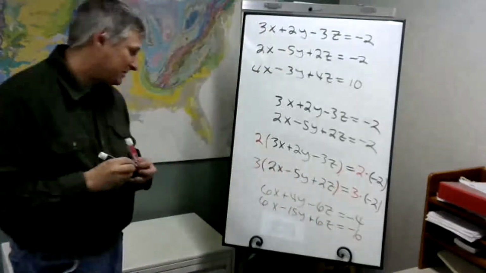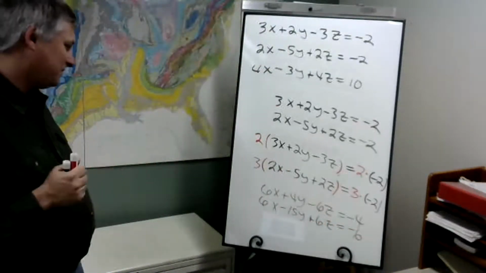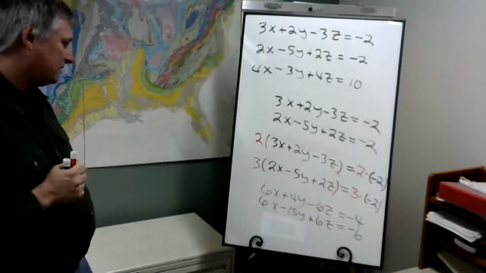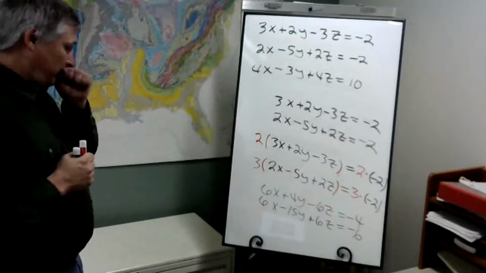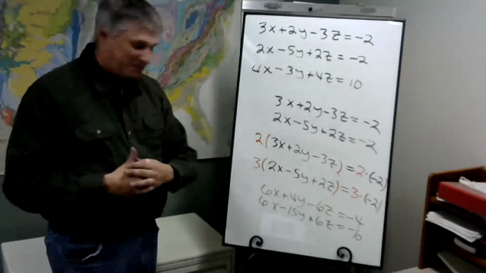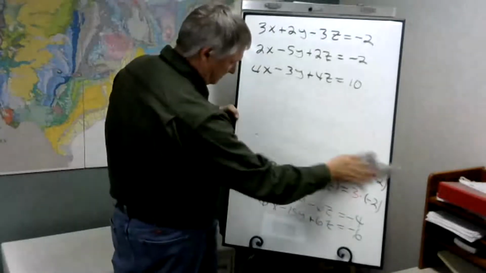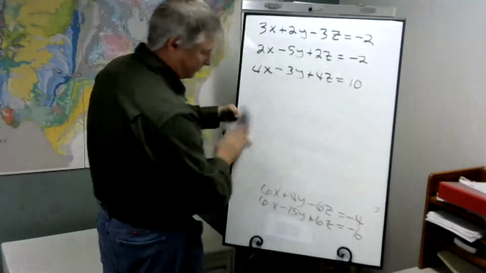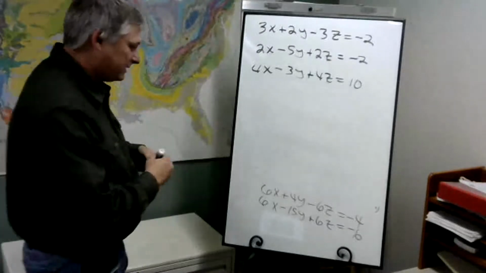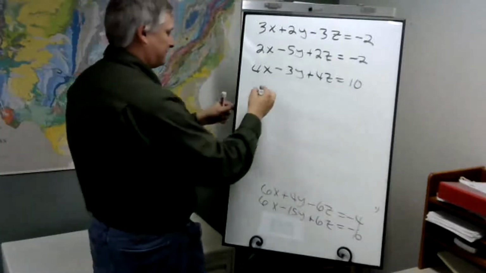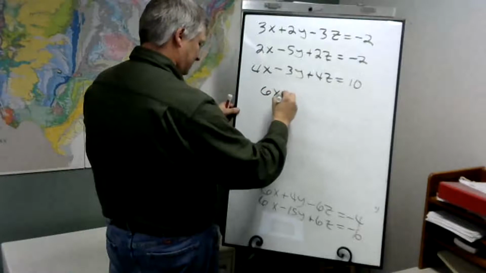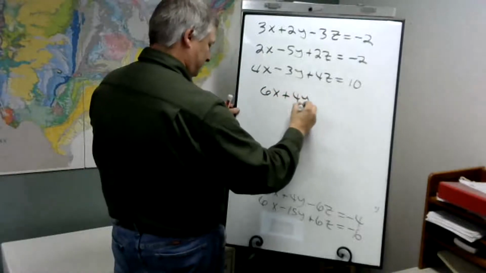Here, let me check my arithmetic here. 6, -15, +6, 6, 4, excuse me, -6z. So far, so good. All right. So we're going to add these two equations.